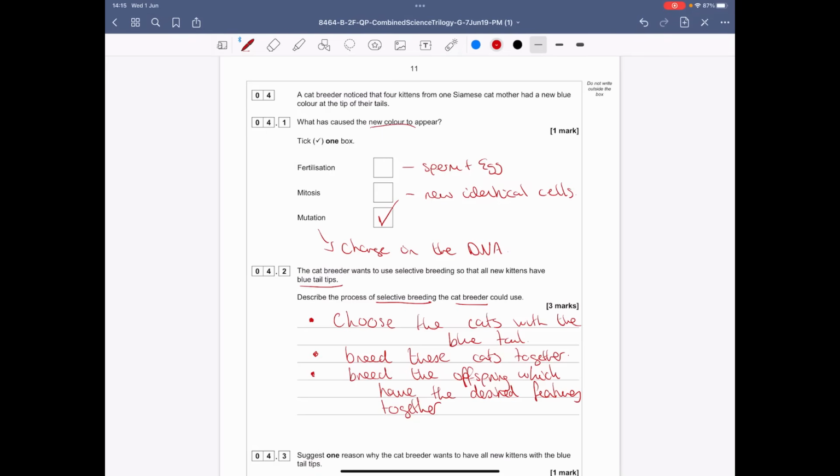So you continually do it: you choose 2, they breed, and then you look at their offspring. Well, those 2 offspring have the desired features, so I'm going to keep breeding them. And you do this over many generations until all cats have blue tails.